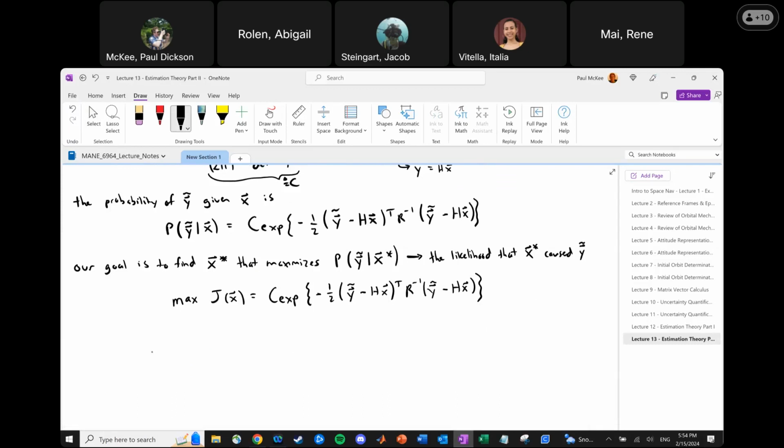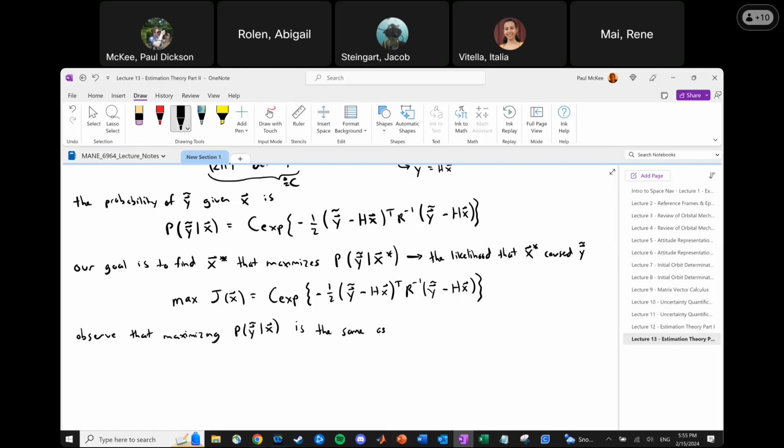So first, observe that maximizing the conditional probability of y given x is the same as maximizing the natural logarithm of the conditional probability of y given x.